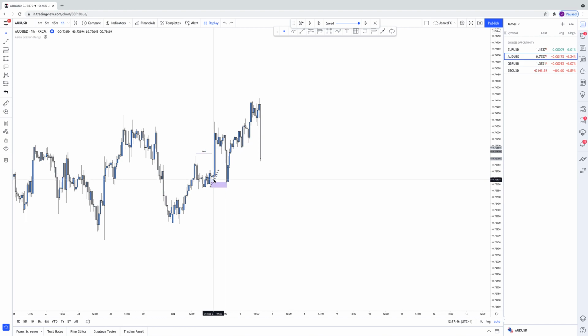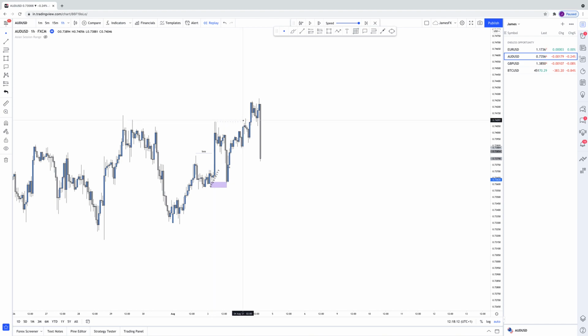So that's also why I wasn't looking at this area here, and more so looking at this wick here, and then looking to get long from this area. As this is a continuation trade, the very first target is always going to be the highest point, the high, and you can see price met that high.